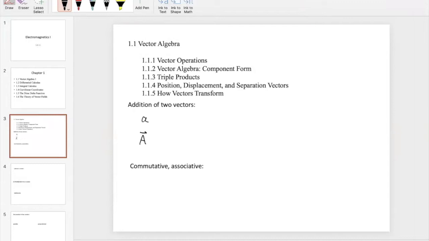The difference is that a scalar only has magnitude. But a vector has magnitude and direction.